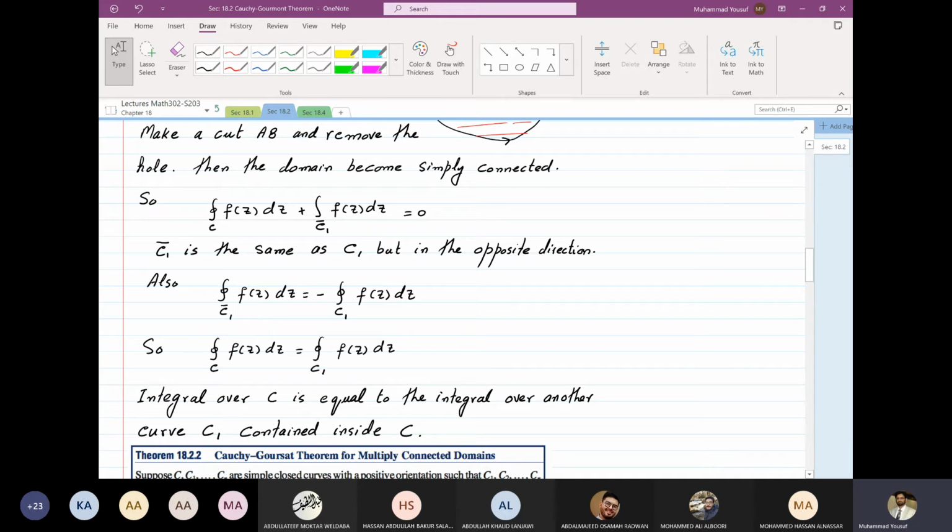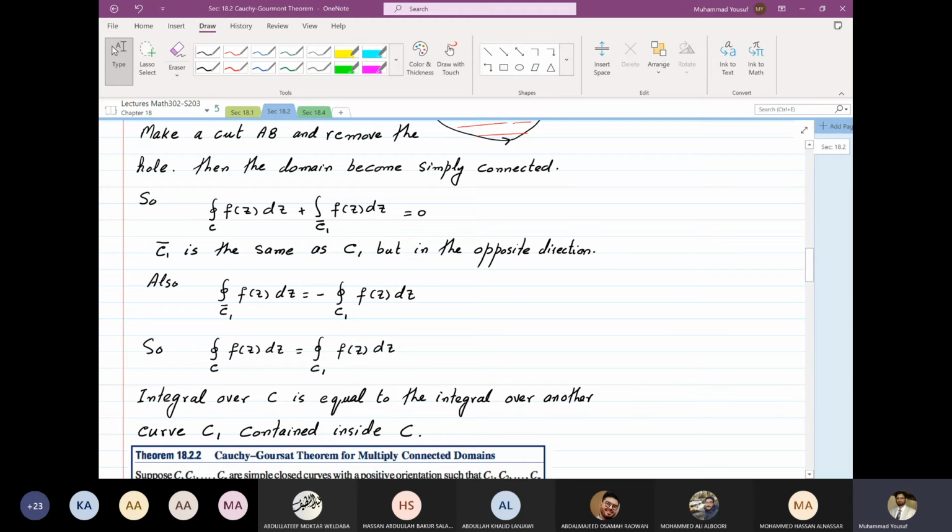So this bar is not like a conjugate. This is just a notation. You can say C1 minus. So C1 minus or C1 bar is the same curve C1, but made counterclockwise.